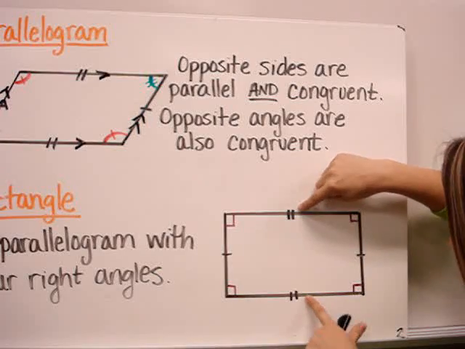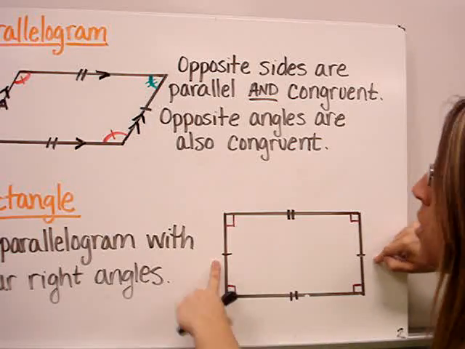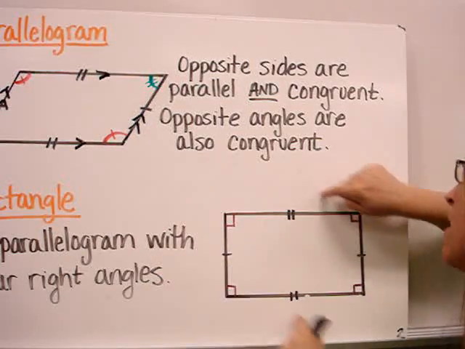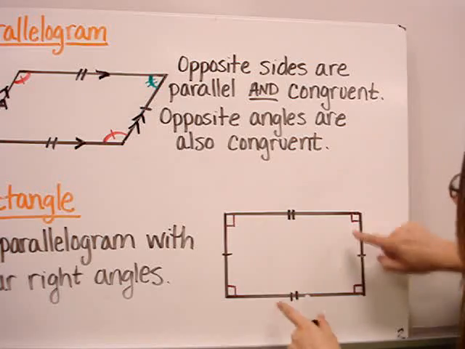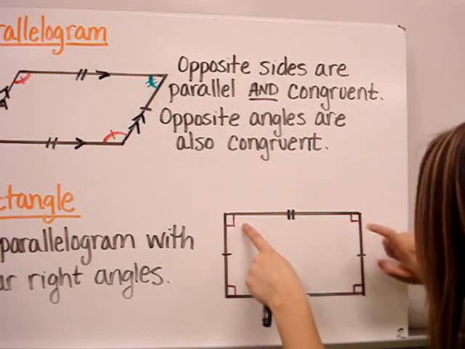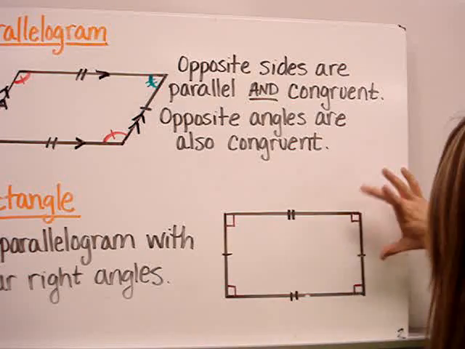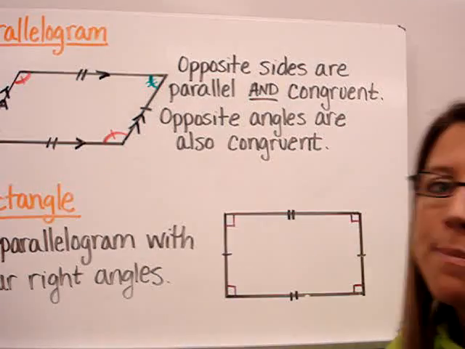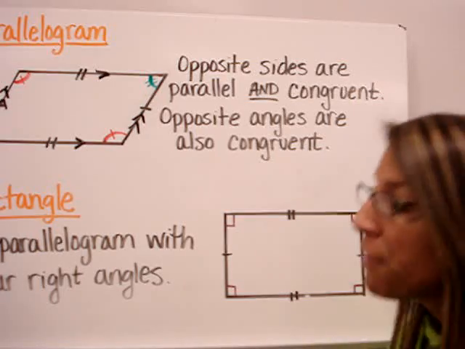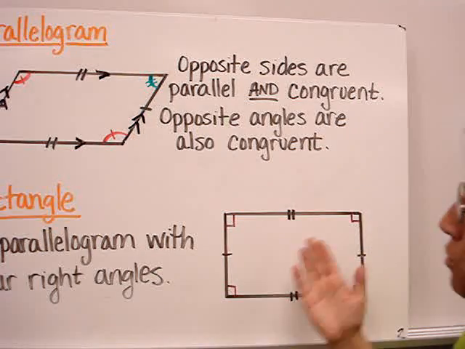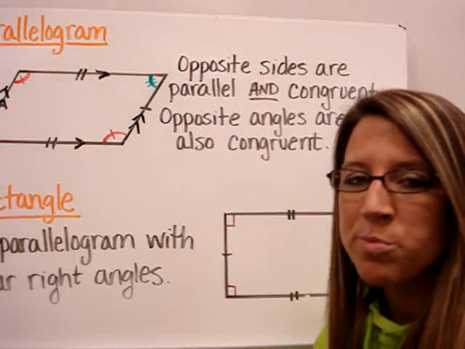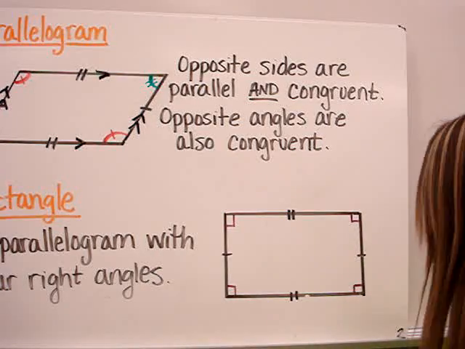So these opposite sides are congruent, and these opposite sides are congruent. Because all of those things are true, and opposite angles are also congruent, well, that's definitely true because they're all right angles. This is a special parallelogram. So all rectangles are parallelograms. Okay? You know what a rectangle is. You've worked with it since preschool, but now you just know the specific definition.